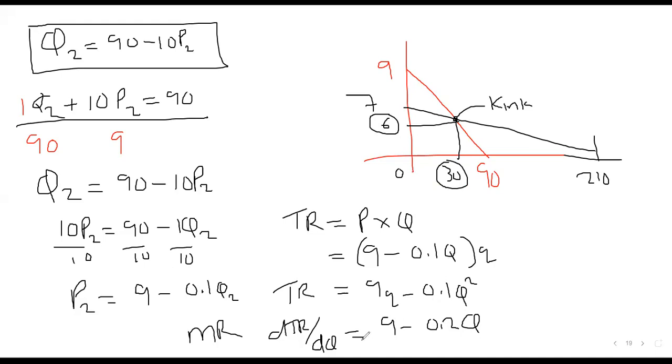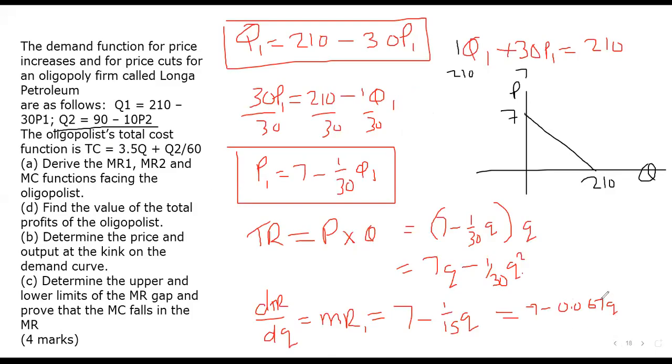So marginal revenue for FEM 2 is 9 minus, and here we put the 30. So when you put 30, it will be 9 minus 6, which is equal to 3. For FEM 1, when you put the 30 here, 30 in there is 2. So 7 minus 2, we get a 5. So the marginal revenue here is equal to 5.